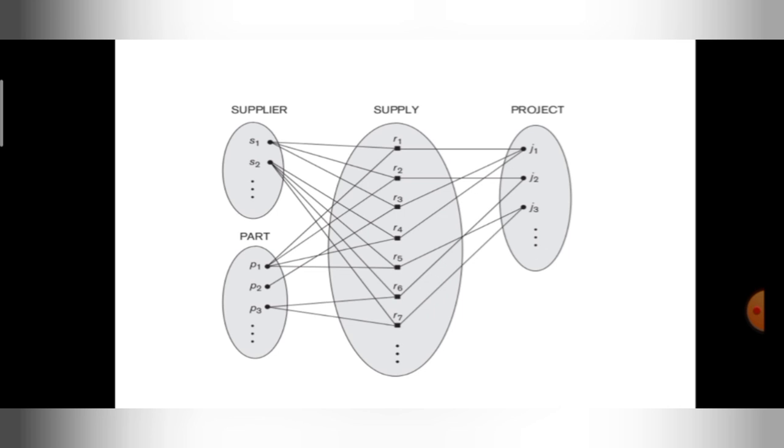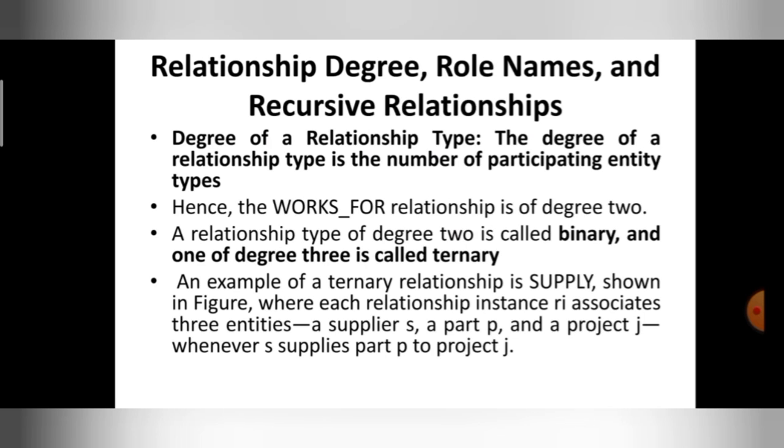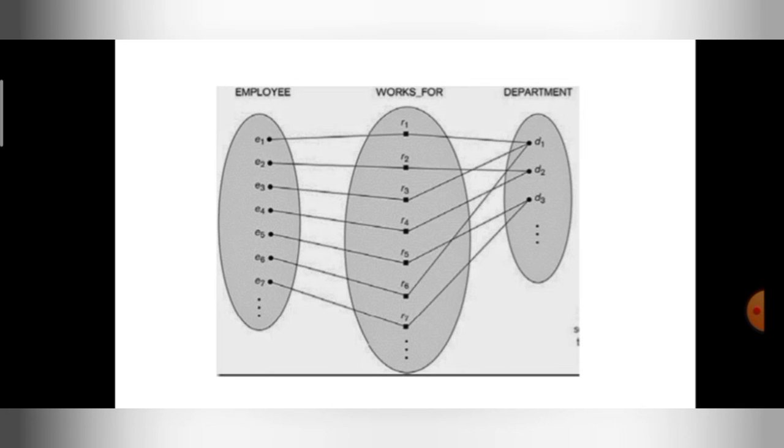If 2 entities are participating, then the degree is called binary. For example, in a works for relationship, the degree is 2. You can see in a works for relationship, how many entities are participating here?